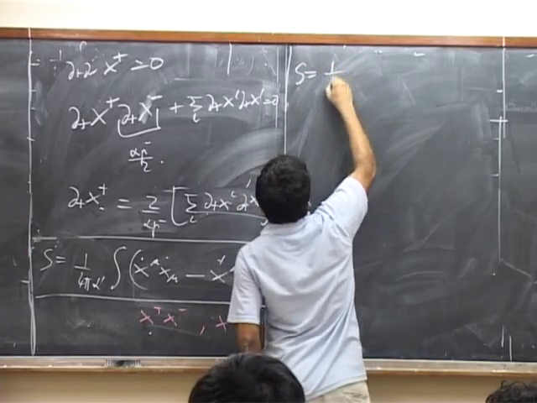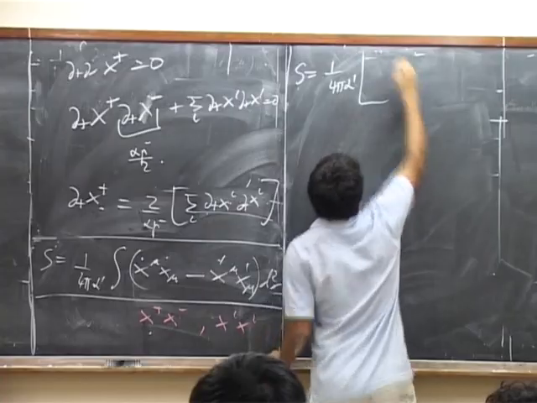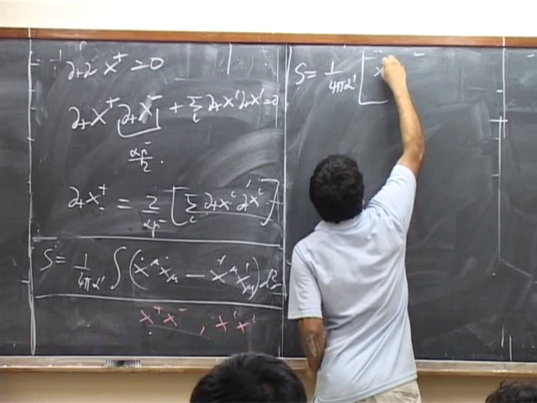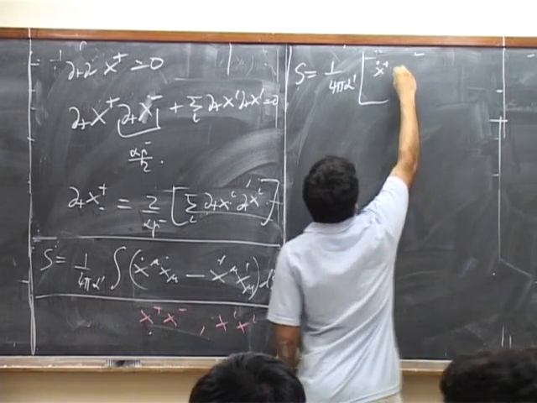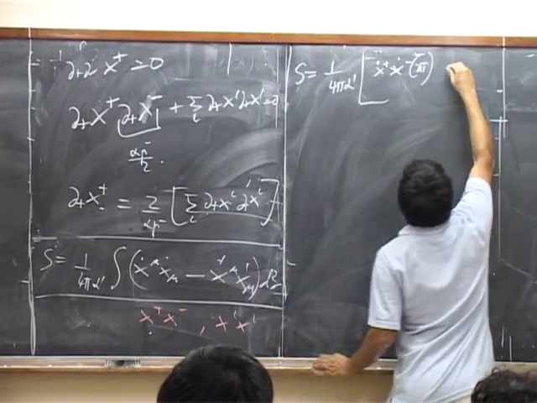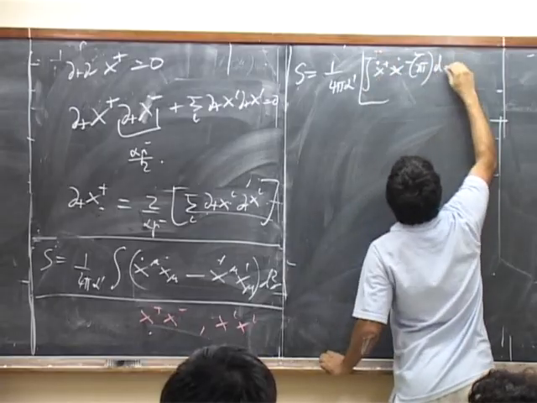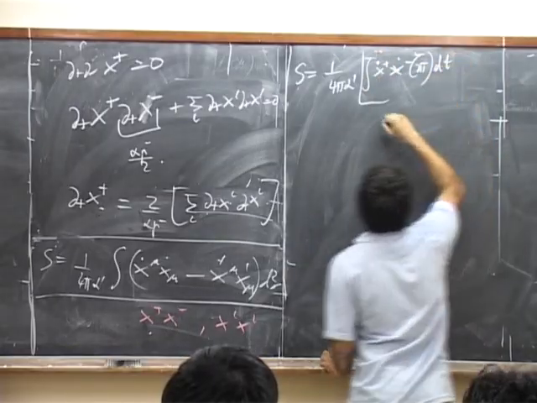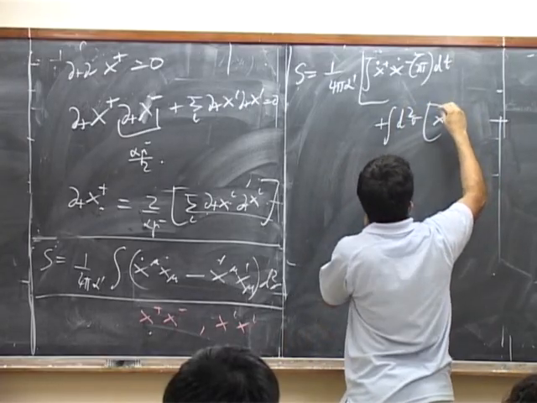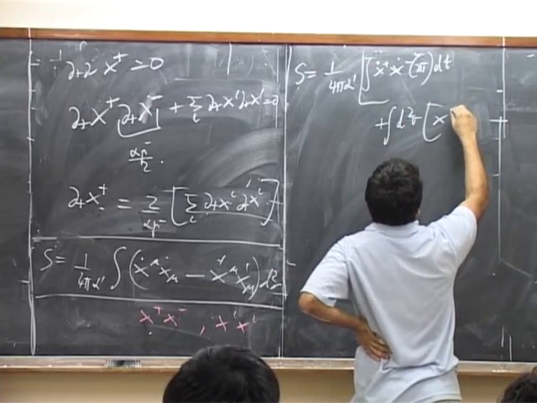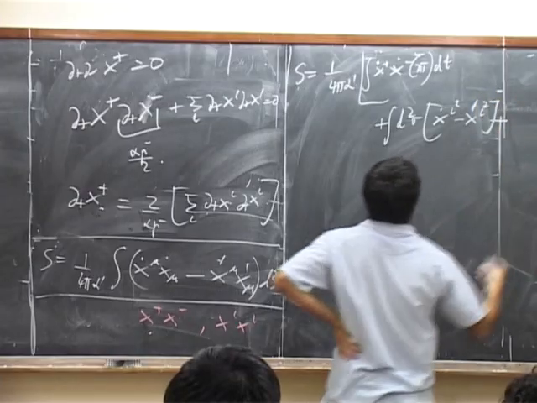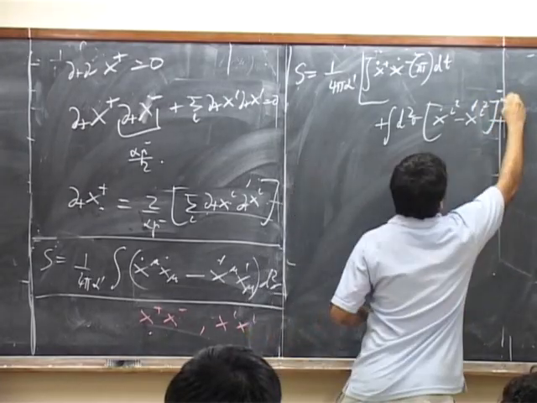If you take the action 1 over 4 pi alpha prime, x plus dot x minus dot, times 2 pi, integral dt, plus d2 sigma xi dot squared minus xi prime squared, close bracket.